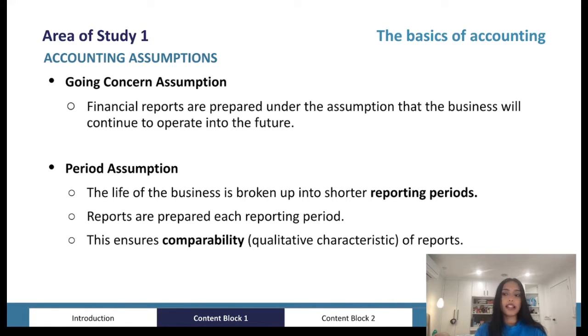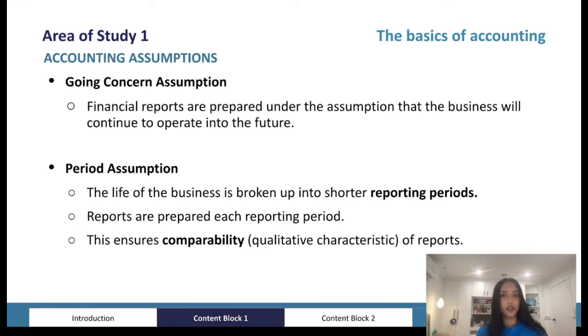And the reason why is because the reports end up being easier or more useful to the business that way. So, for example, if there's a problem in how the business is being run, if you're preparing reports every month, you're more likely to pick up on that problem and fix it quicker, as opposed to if you have to wait an entire year to get a report, then you're not going to know about that problem, especially if it's a small problem that's kind of flying under the radar.